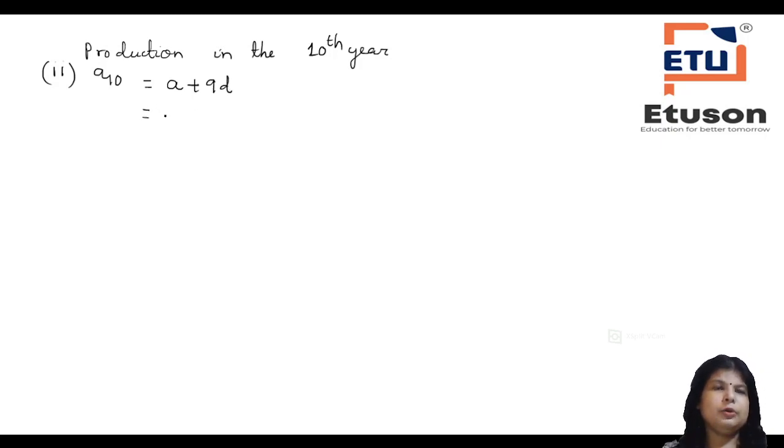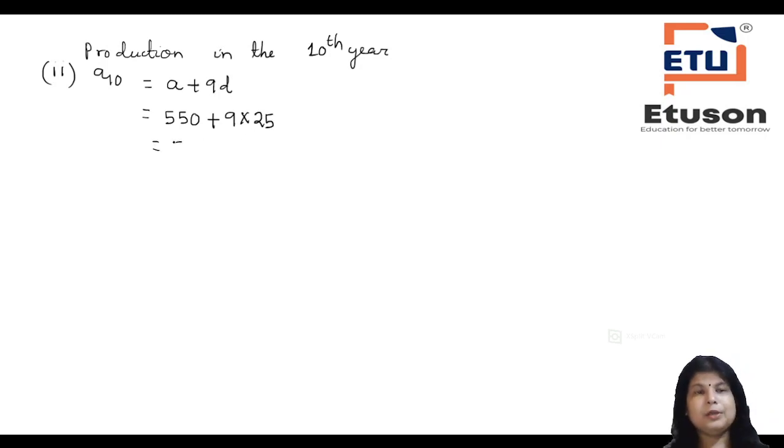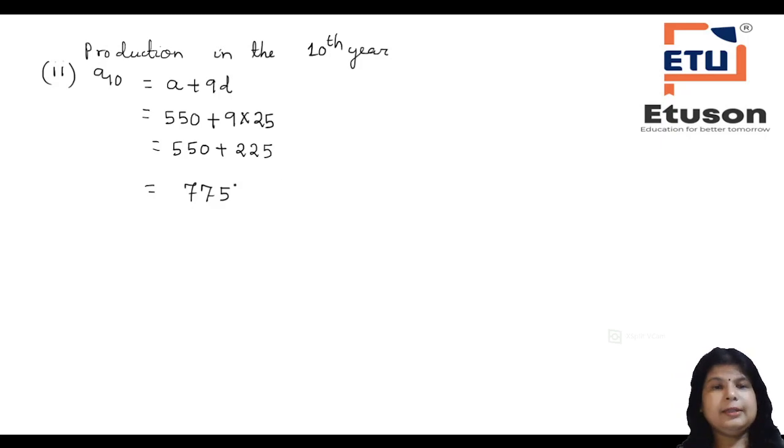Now you already know the value of a, that is 550, plus the value of d, that is 25, so 9 into 25. 550 plus 225, and your answer is 775. So this is the production in the 10th year in the company.